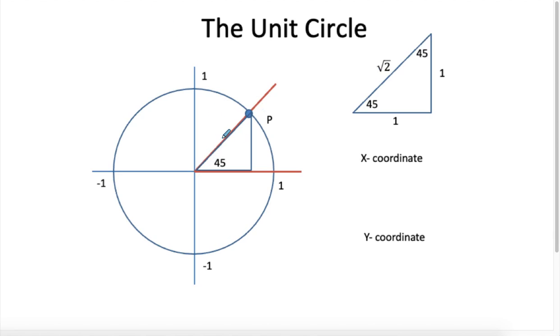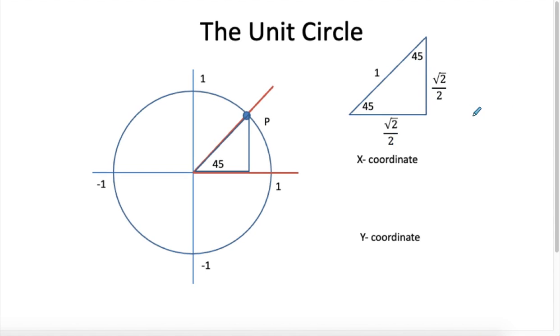To make this 1, I would have to divide by the square root of 2, so I'm going to divide everything here by the square root of 2. That means the hypotenuse would be 1, since square root of 2 over square root of 2 is 1. Then 1 over the square root of 2, we would want to rationalize and multiply top and bottom by the square root of 2. So these sides are the square root of 2 over 2. Those are both my x and y coordinates.